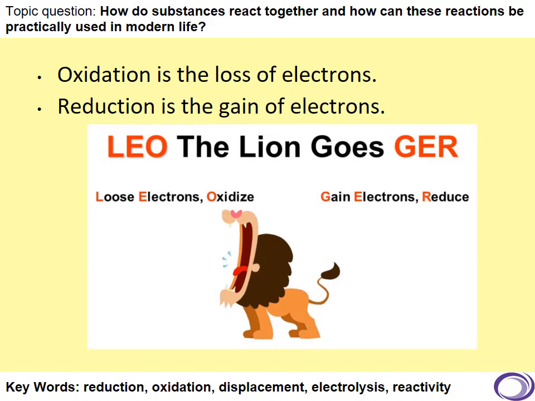So oxidation is the loss of electrons and reduction is the gain of electrons. You can see here we've got the little diagram with a phrase, Leo the lion says grr, to help you remember: lose electrons, then you are oxidized; gain electrons, then you are reduced.